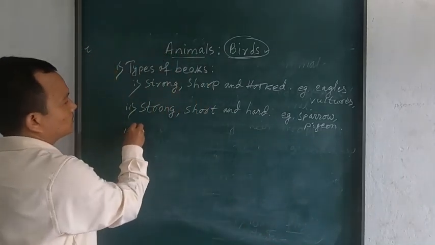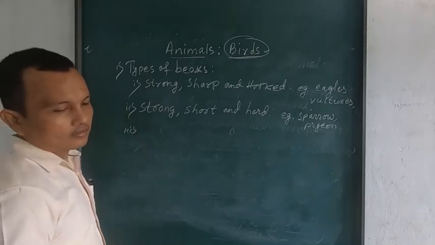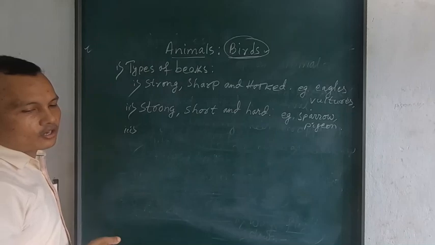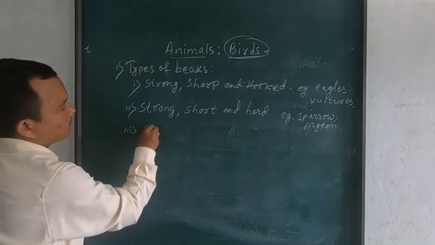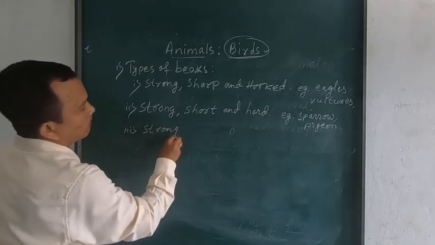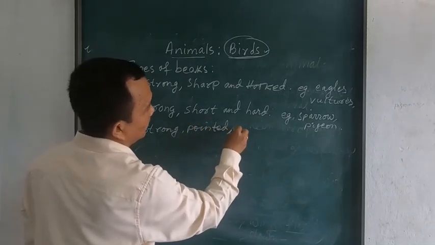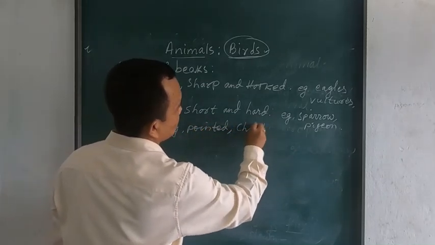And the third one, there is a kind of beak which is strong, pointed and scissor shaped.